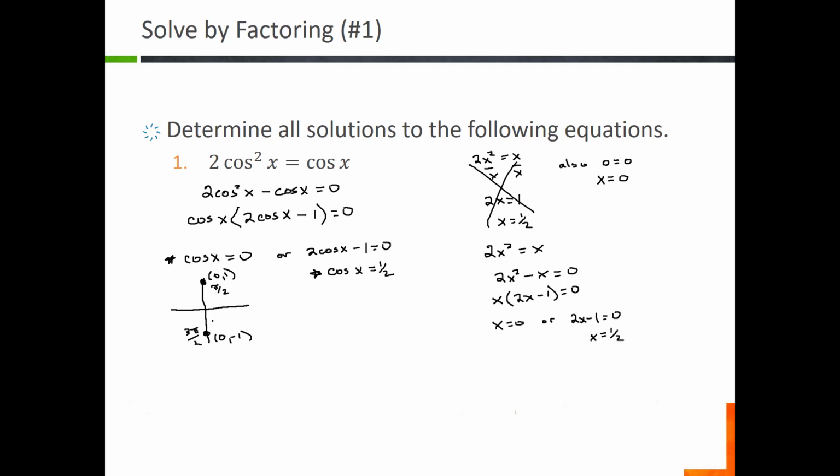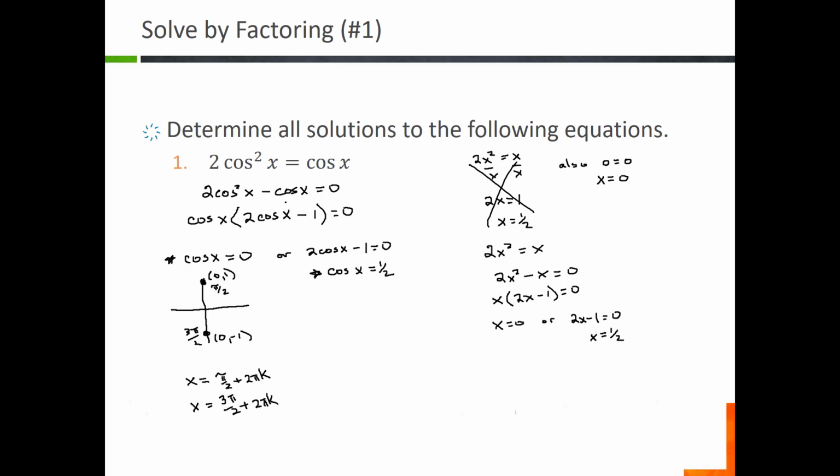So those are both between 0 and 2 pi, and so we can express all of our solutions as x equals pi over 2 plus 2 pi k, and x equals 3 pi over 2 plus 2 pi k. All right, so those are the two expressions that we get for cosine x equals 0.